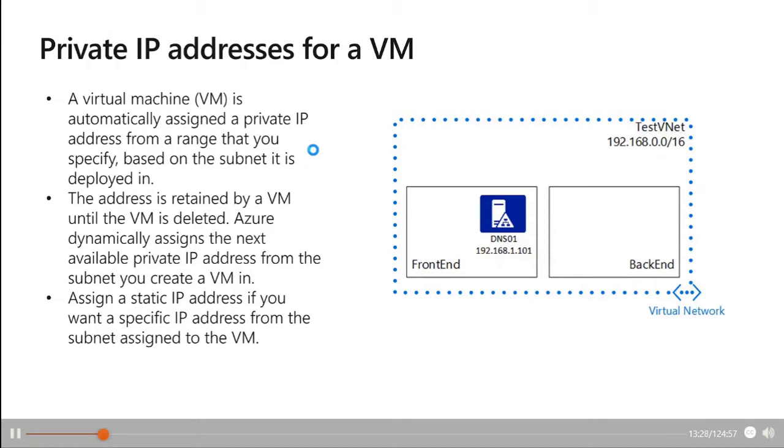If we do a dynamic private IP address and you deallocate the virtual machine, that IP gets freed and can be assigned to another VM. If you want that not to happen, you can just create a static IP address for that NIC, and then even when you deallocate, that IP address will not be freed up. It will still be attached to your VM.